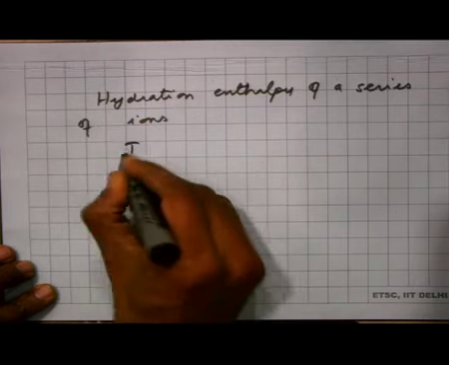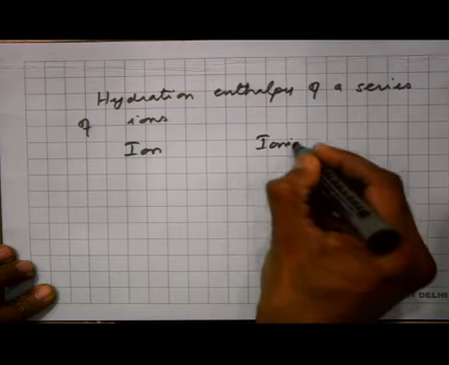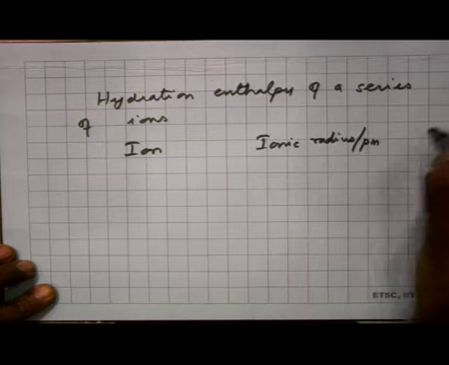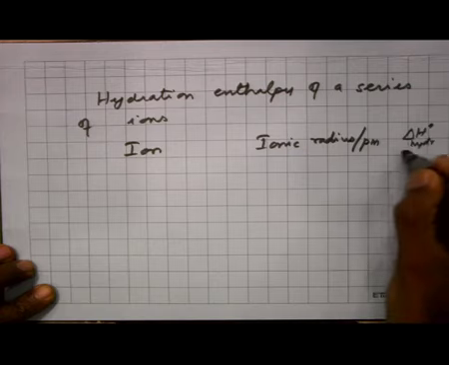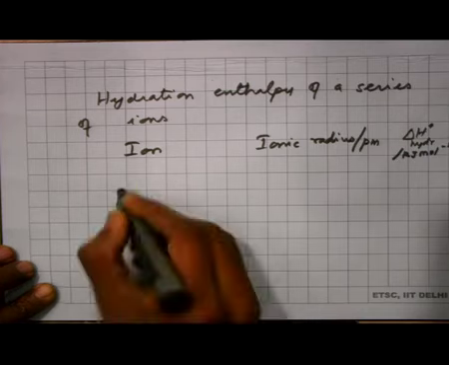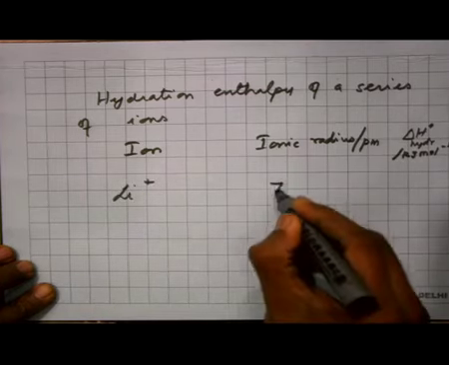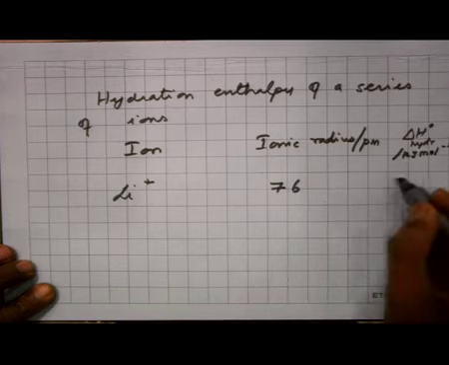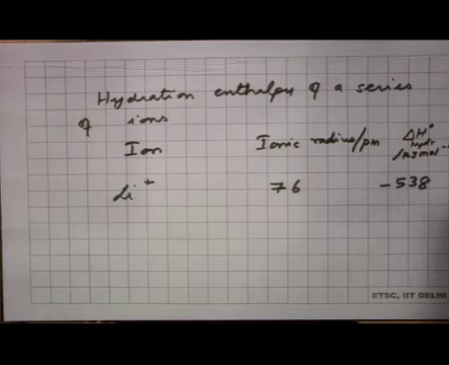So, here is the ion, here is the ionic radius of the ion in picometers, and there is the delta H naught of hydration, which is given in kilojoules per mole. So, for Li plus, which has an ionic radius of 76 picometers, the hydration enthalpy is minus 538 kilojoules per mole.